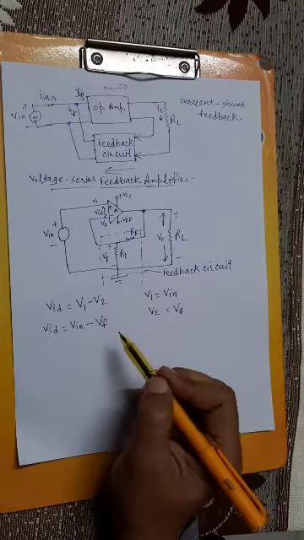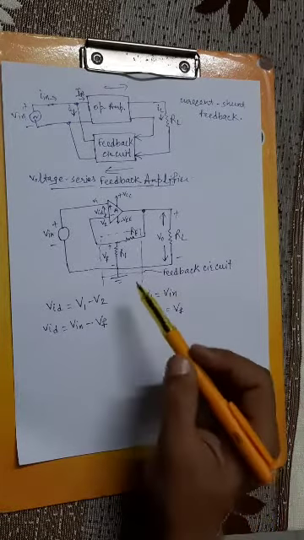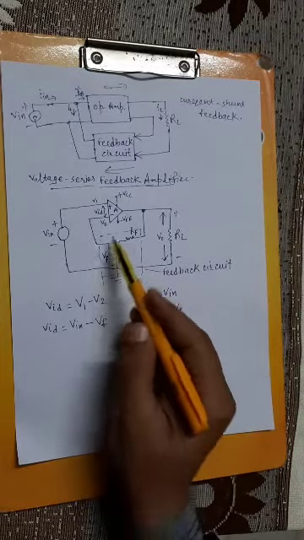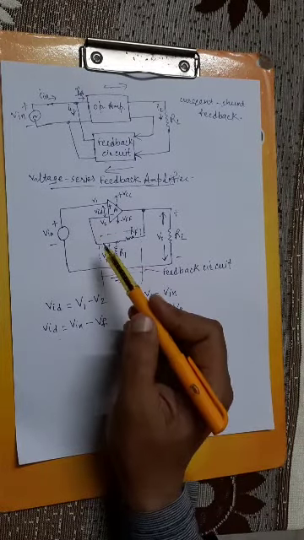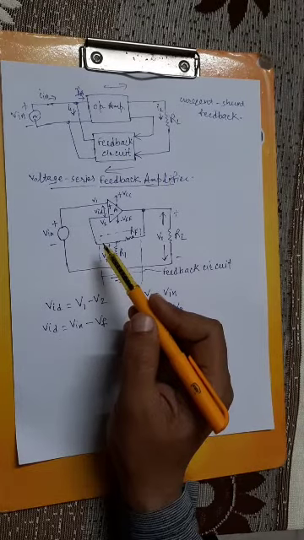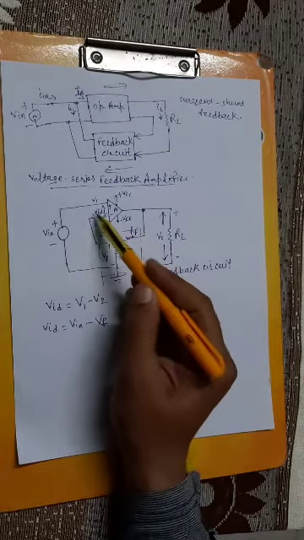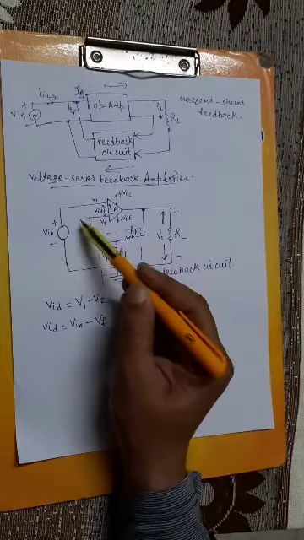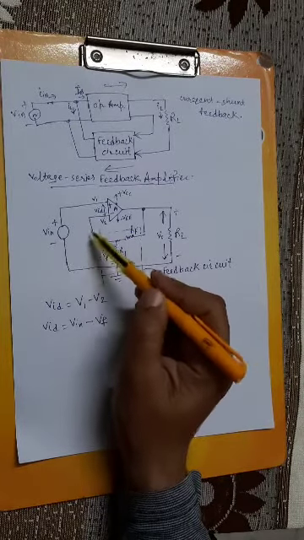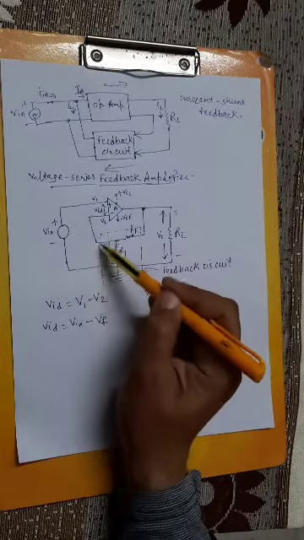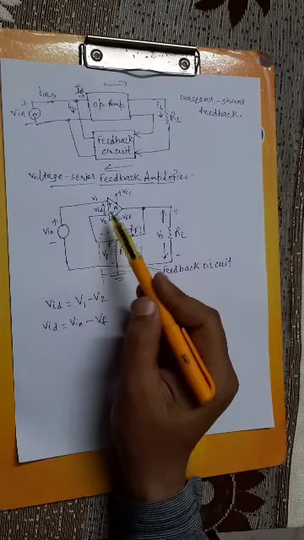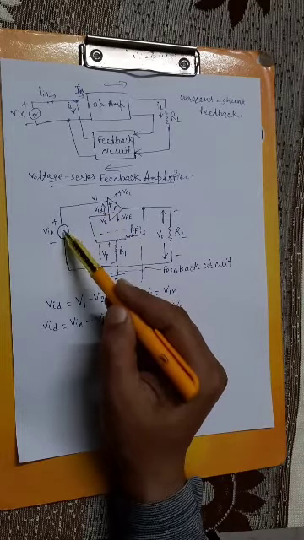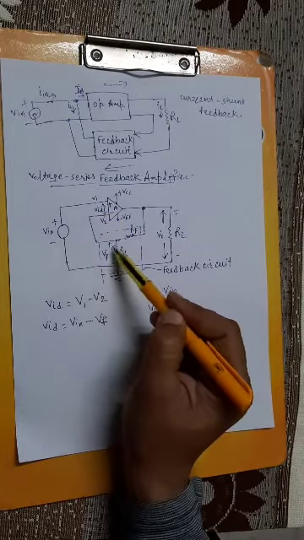Okay, as you can see here, on the input side, in this loop, if you analyze this loop, there are three voltage drops: Vid, V input, and this Vf.